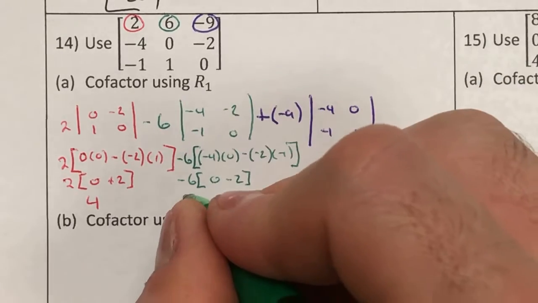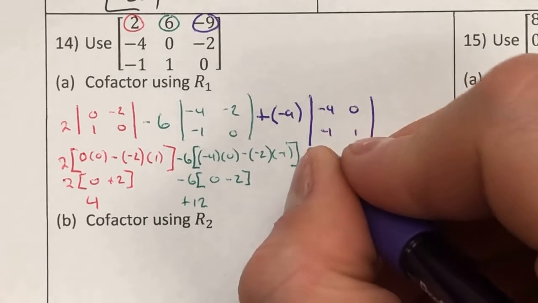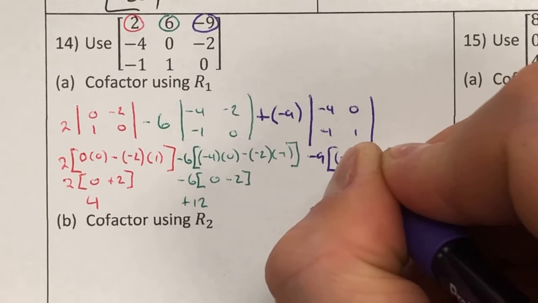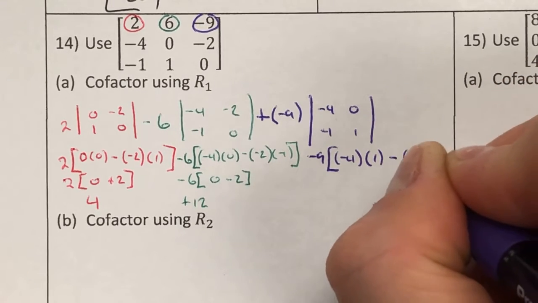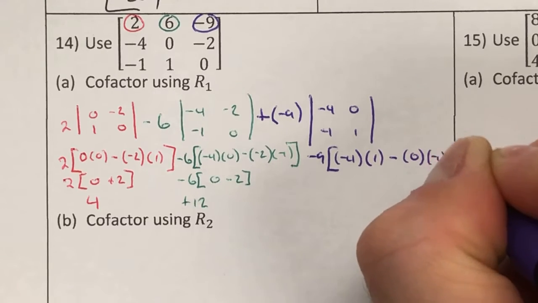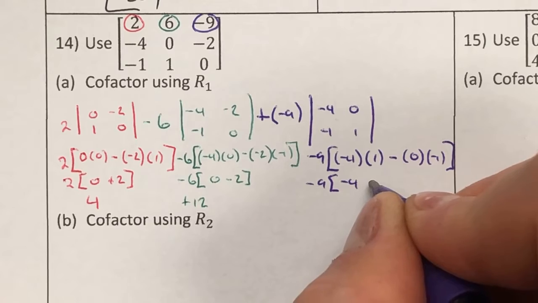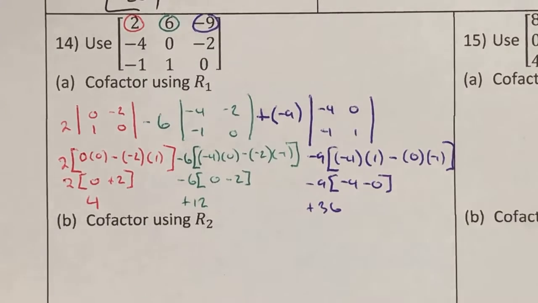Negative 6 times negative 2 is plus 12. Minus 9 times negative 4 times 1. Minus 0 times negative 1. Negative 4 minus 0 plus 36.